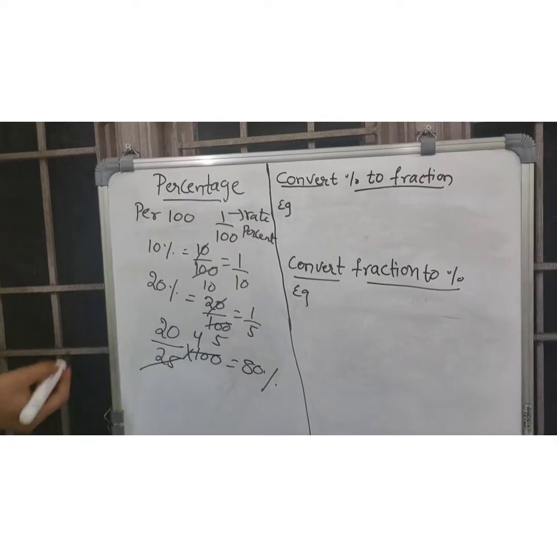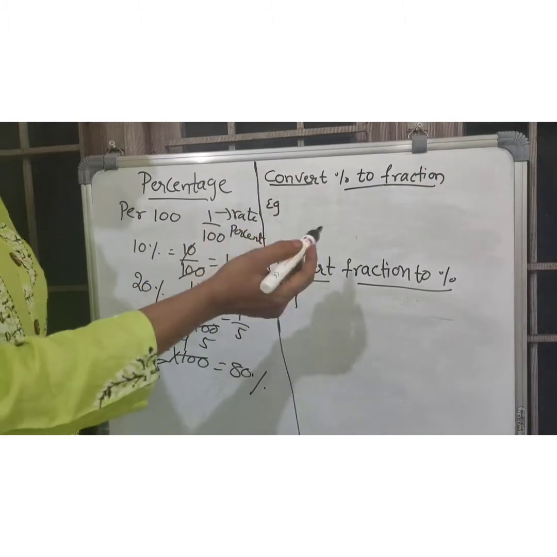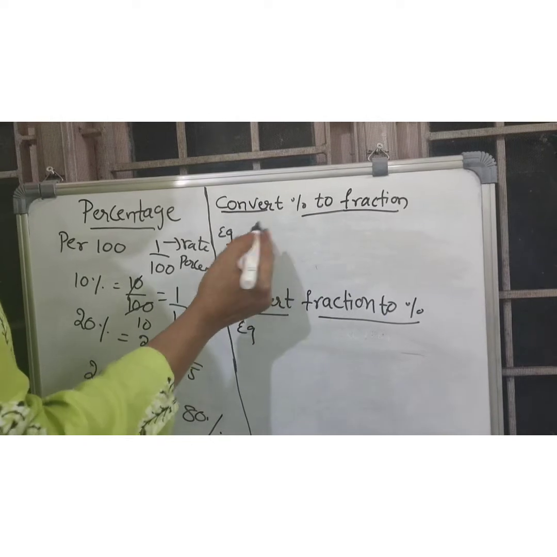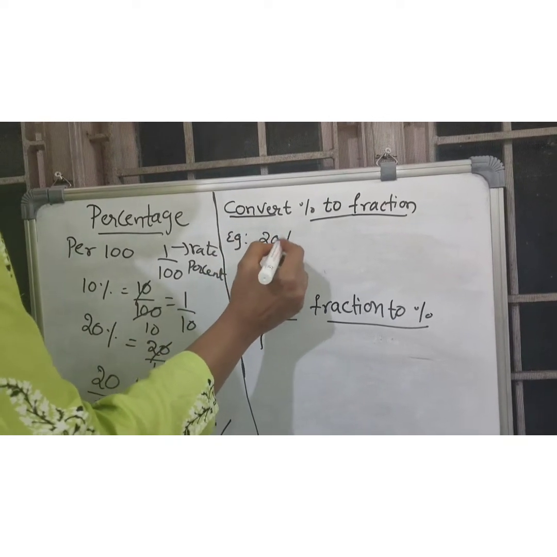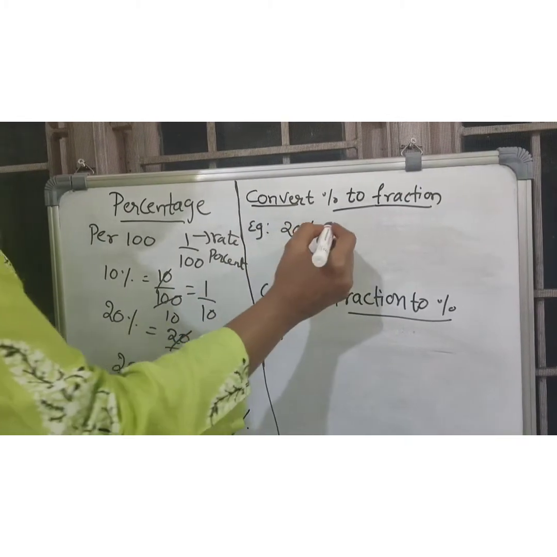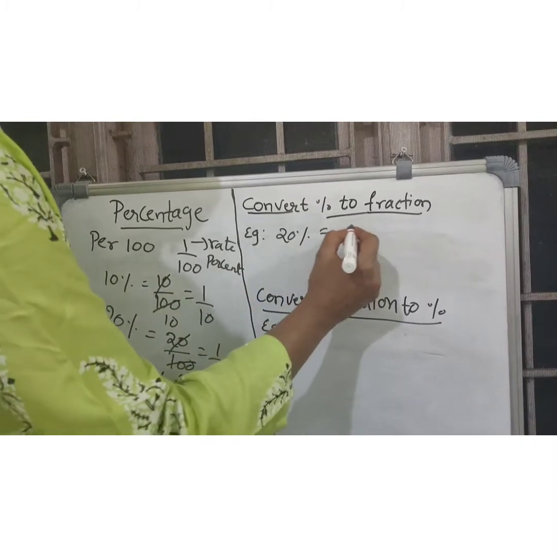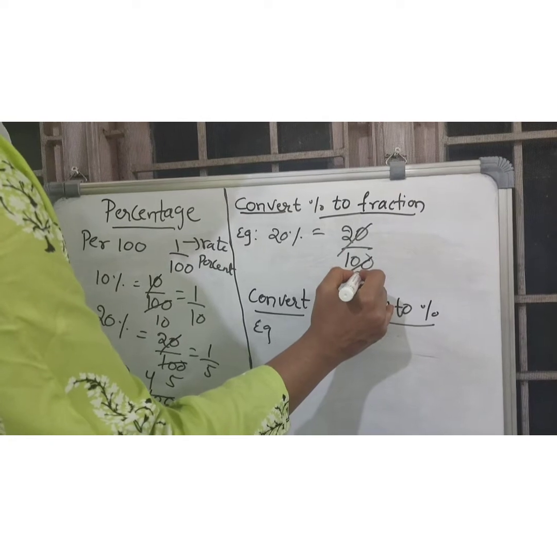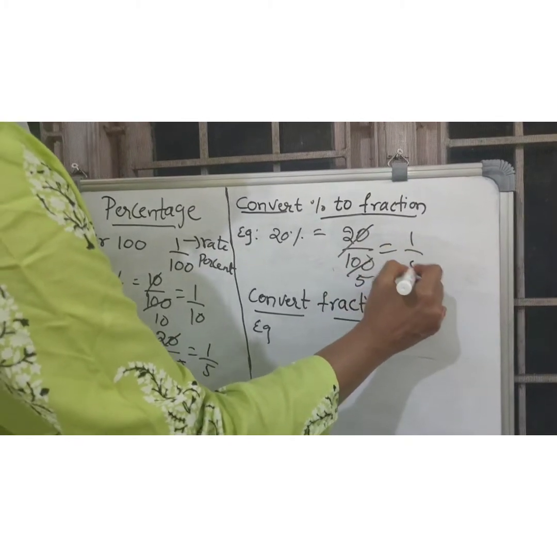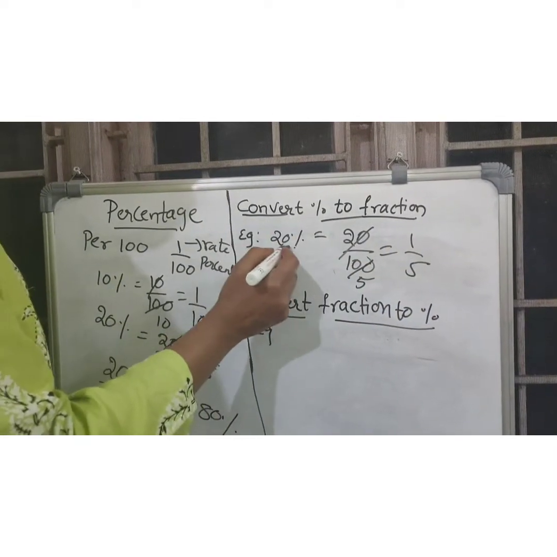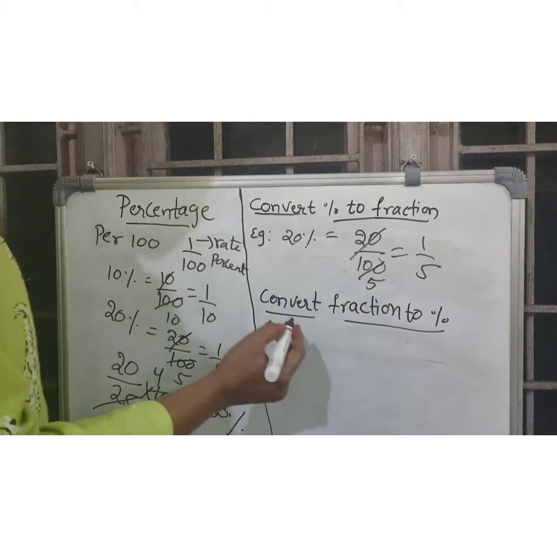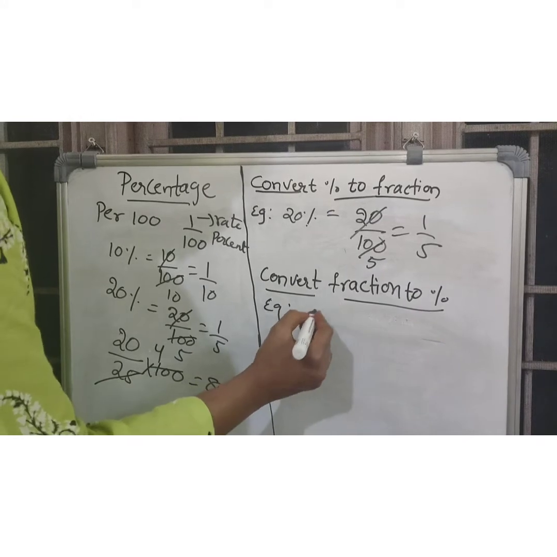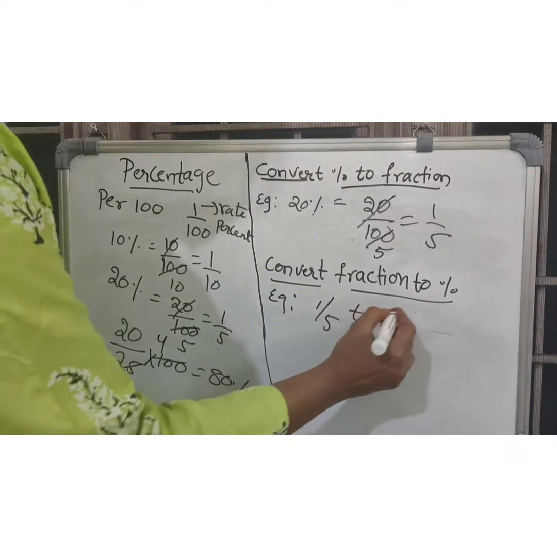Now we will look into some basics, that is, converting percentages to fractions. For example, convert 20% into fraction. How can we do it? Like previously we have seen, 20 by 100, that is 1 by 5. So here we converted 20% to 1 by 5. Now convert fraction to percentage. For example, convert 1 by 5 to percentage.